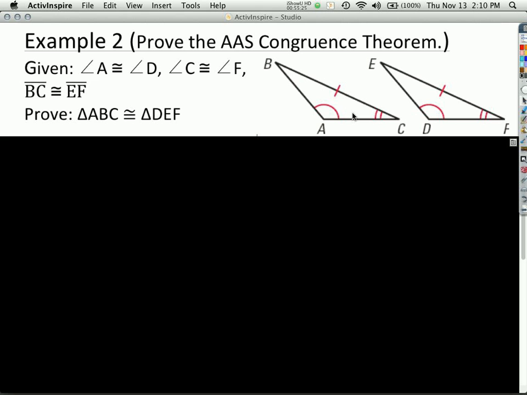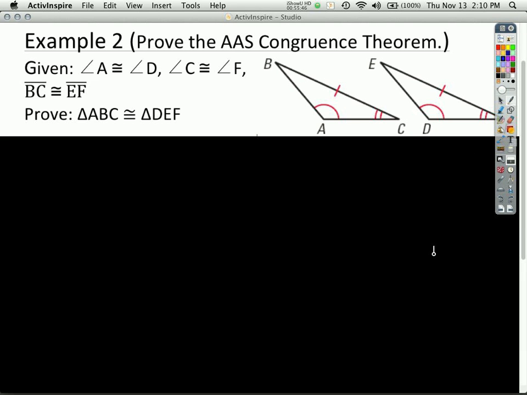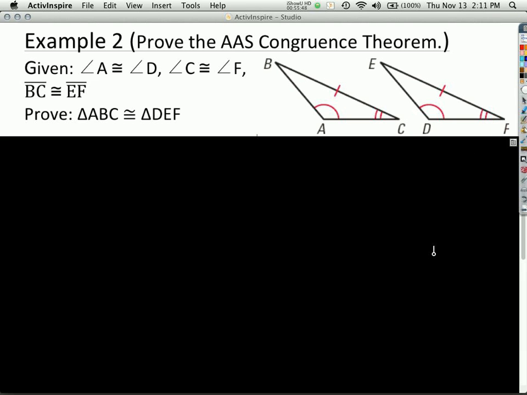So what was the missing piece that 3 of your classmates pointed out that allowed us to say angle, side, angle? There was something we did in example 1A that allowed us to say angle, side, angle. So you might need to look back. There was a key piece of evidence that was discovered by 3 of your classmates.